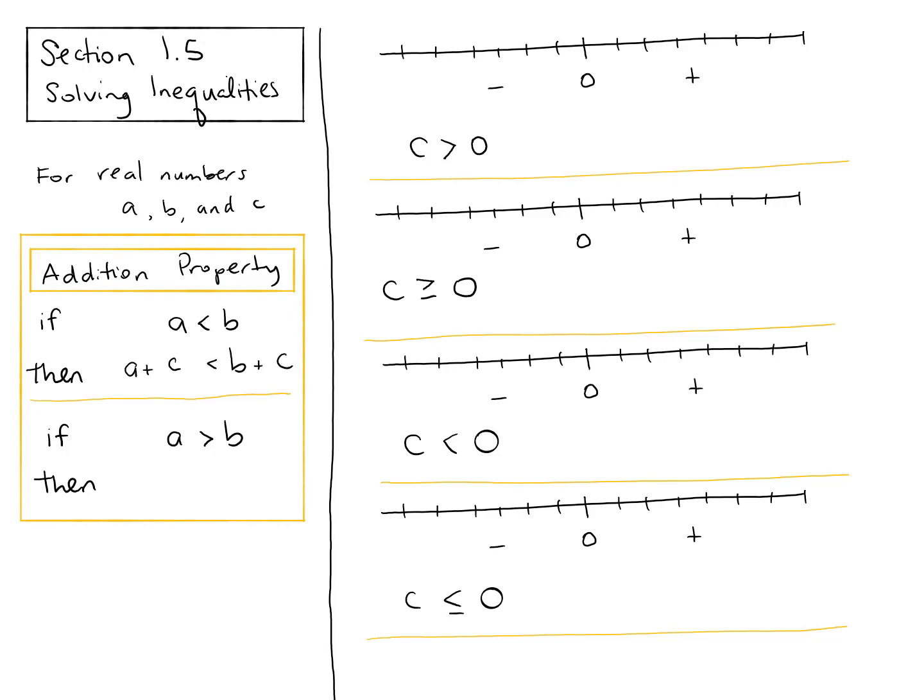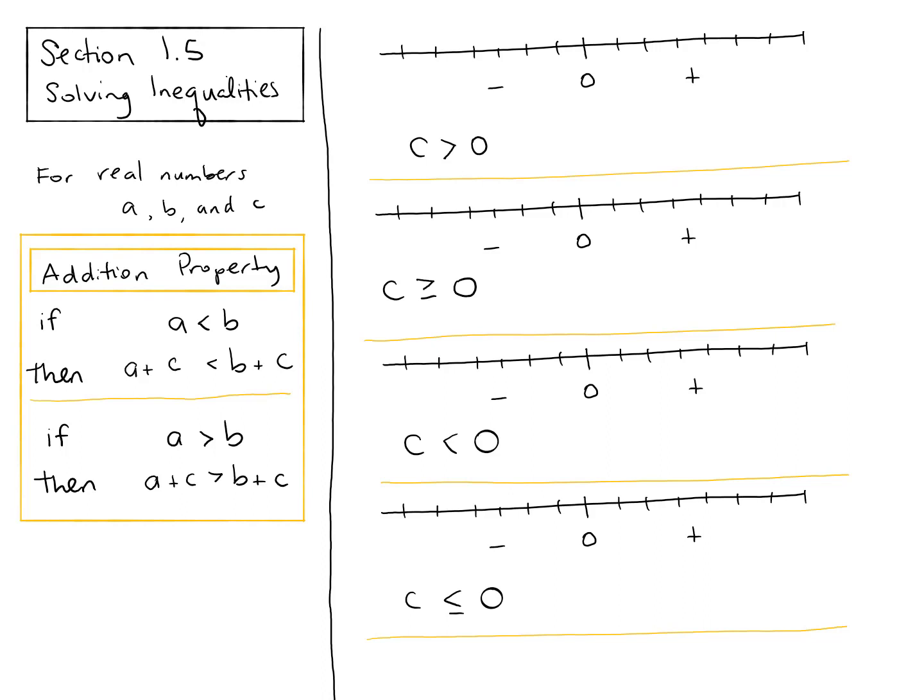So then you get a plus c is less than b plus c. Likewise, if a is greater than b, then you can add c to both sides again, and you get a plus c is greater than b plus c. It works the same way that the equal sign works in addition.